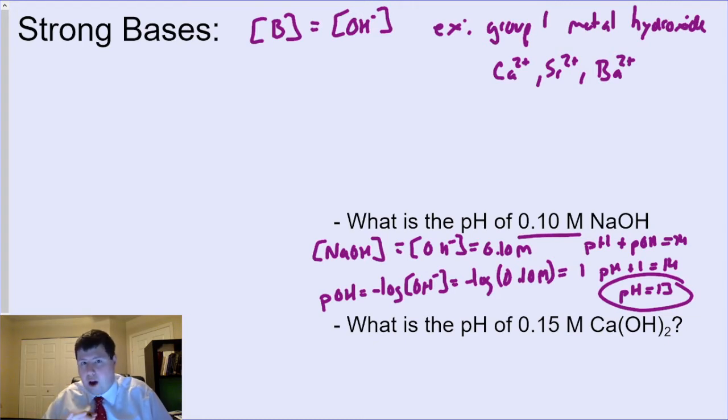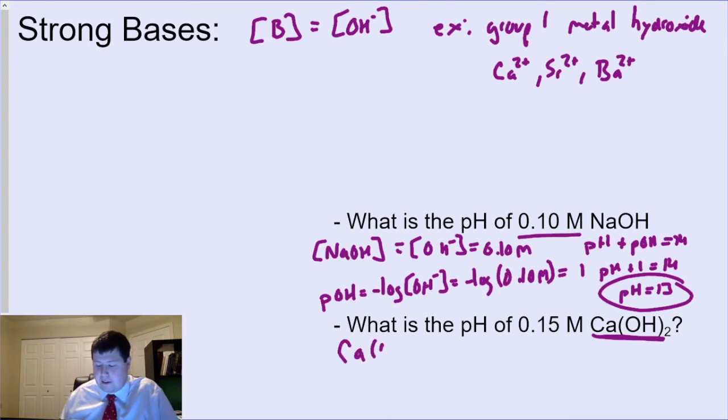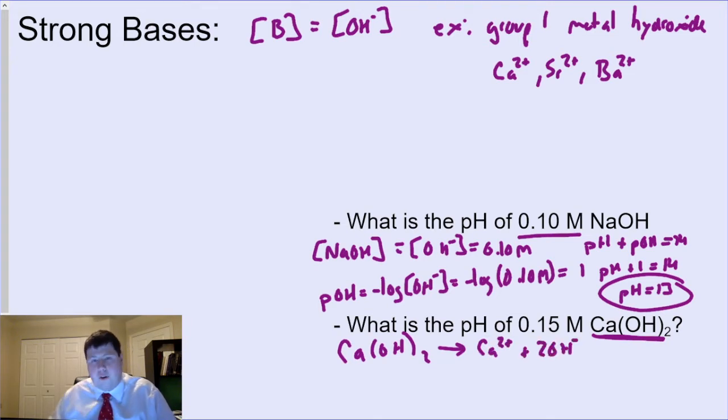Now, there's one other tricky thing here, and that's what do we do with bases that have multiple hydroxide ions? Unlike the acids, which have those diprotic and triprotic things where we can consider them multiple equilibria, for these metal salts of hydroxides, like calcium hydroxide, we're going to say that for every calcium hydroxide, I get 2 moles of OH minus. Essentially, I'm considering this reaction here, where that splits up into calcium 2+ and 2 moles of OH minus.